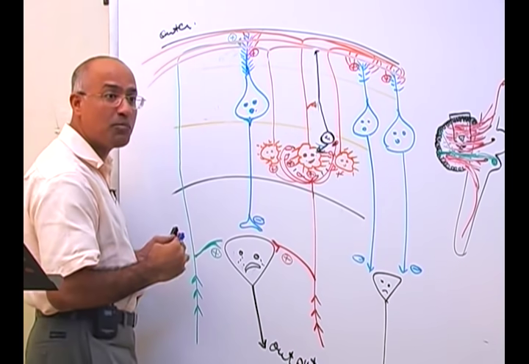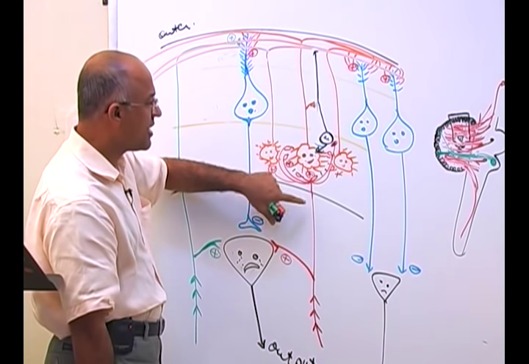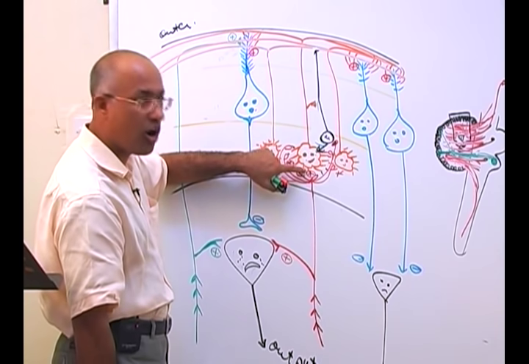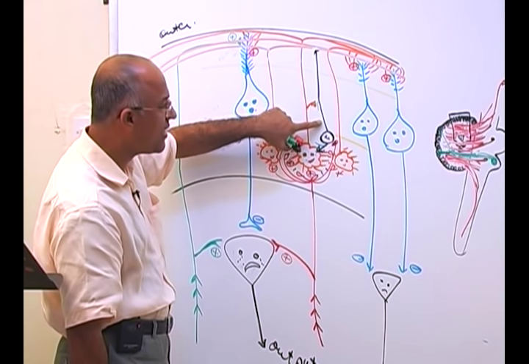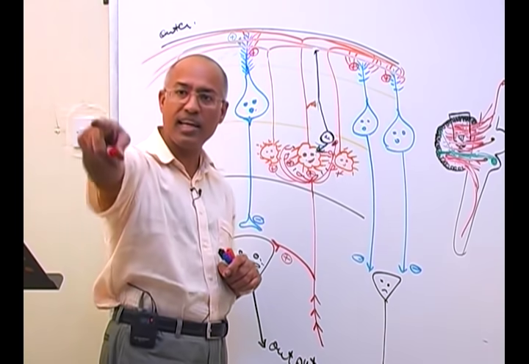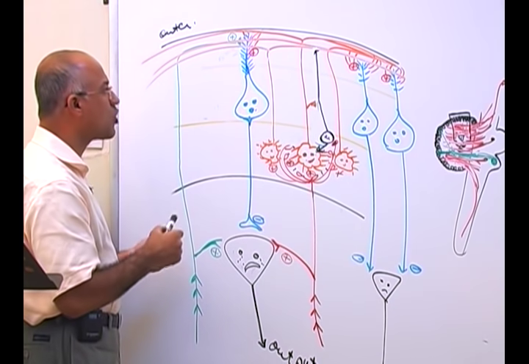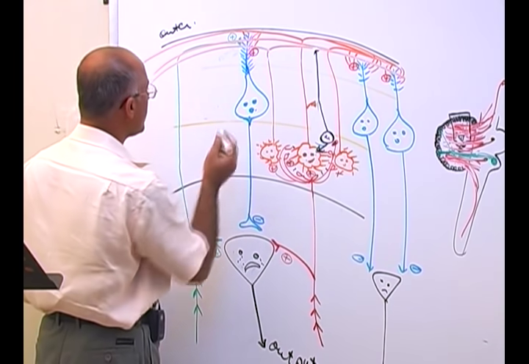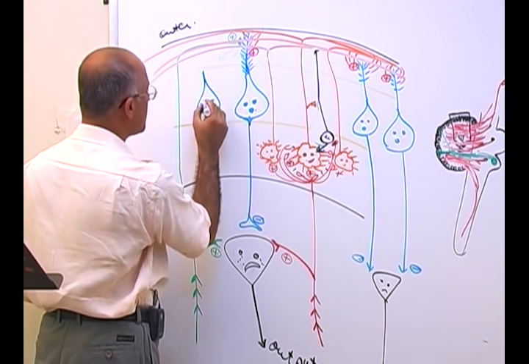Mossy fiber. So the mossy fiber can directly stimulate the granular cell, and it can directly stimulate the Golgi cell, which may inhibit the granular cell. Or the granular cell, once activated, stimulates the Golgi cell, which inhibits it. Are you clear at the end? Yes. Right. Now, there are two more special control cells. What is this? Purkinje cell. Now, let me tell you. This is the middle layer. These are three Purkinje cells.